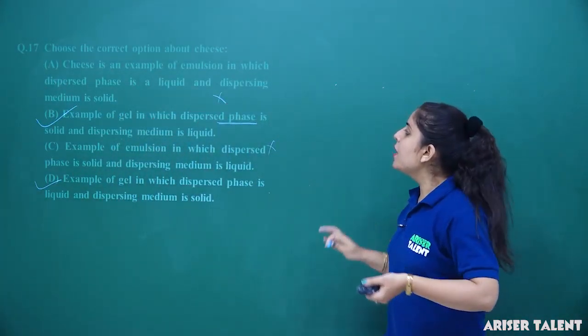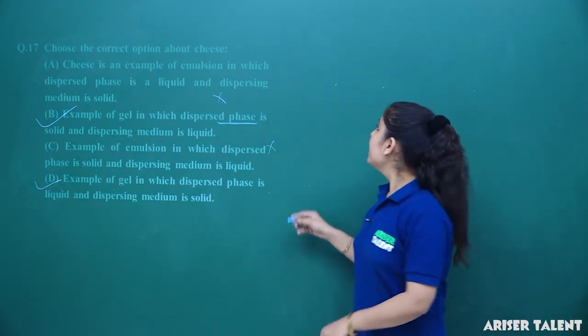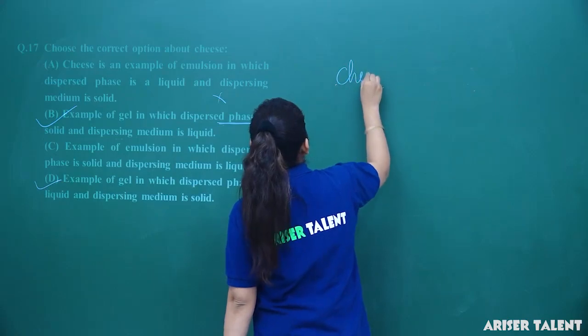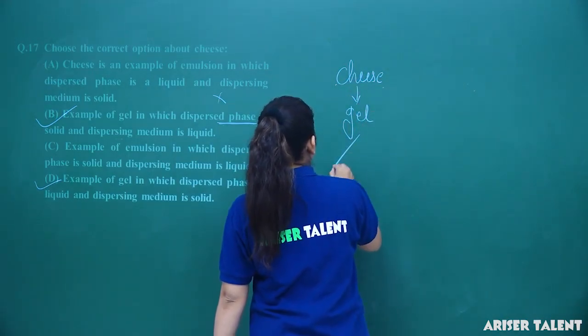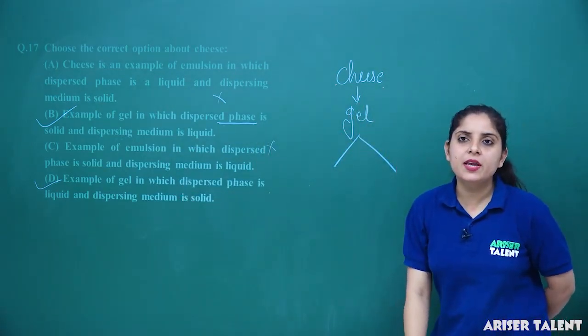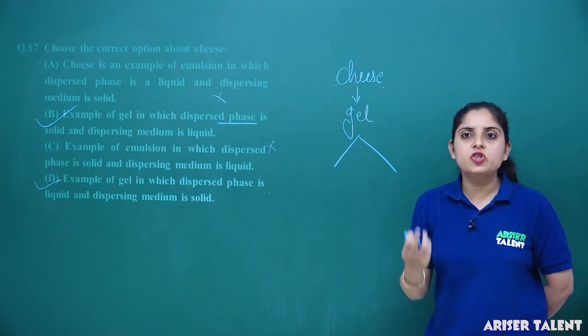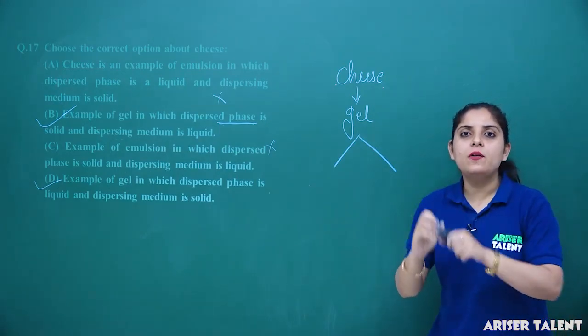So we know that cheese is an example of gel, but there is a difference. If cheese is a gel, cheese is actually a gel you have. Clear? But in this case, the dispersed phase is liquid and dispersion medium is solid. So this liquid is going to be dissolved in the solid here.